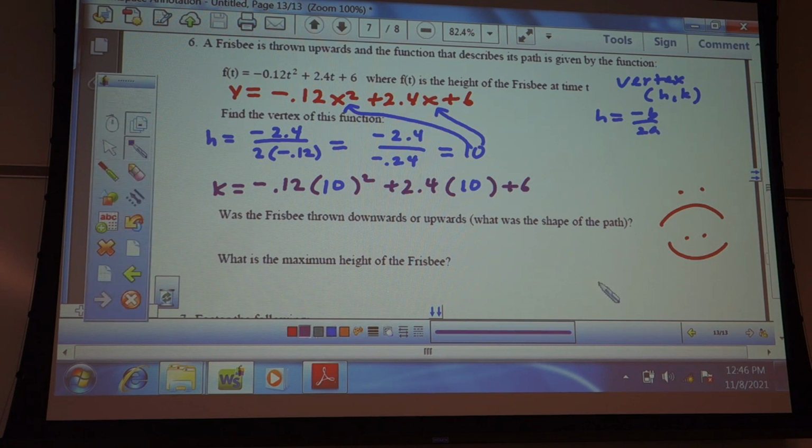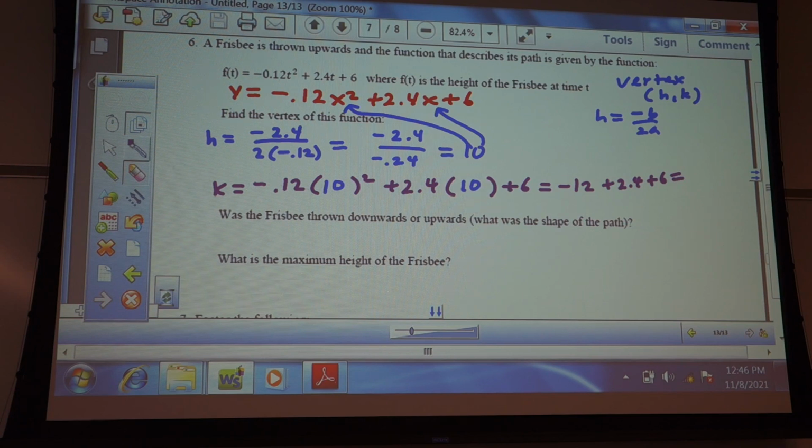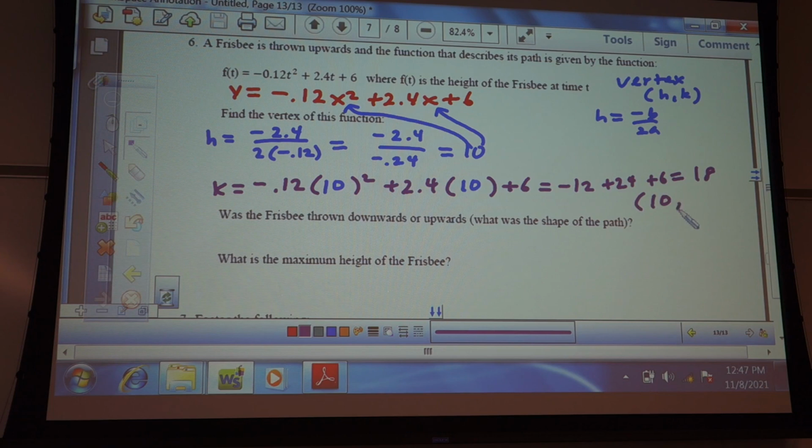And if I do that, I'll end up with, let's see, 100 squared, negative 12 plus 2.4 plus 6, which gives me negative 6, why is my negative? Oh, it's 24, I'm sorry, 24. So 18. There you go. So then my vertex is going to be 10, comma 18.